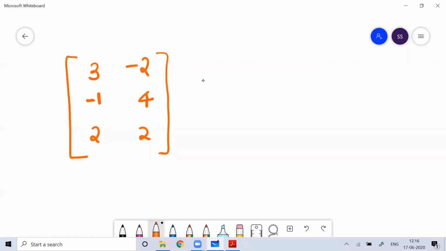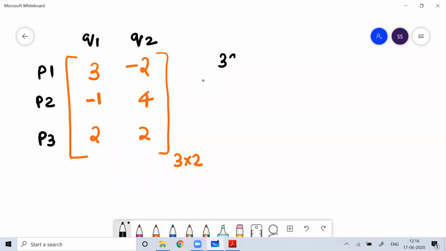So now this is a 3 into 2 matrix, and this is P1, P2, P3, and this is Q1, Q2. Now you can solve it by the graphical method.